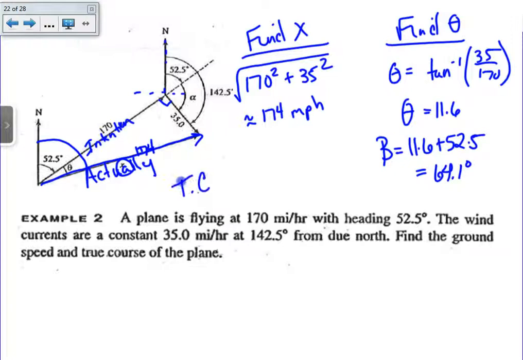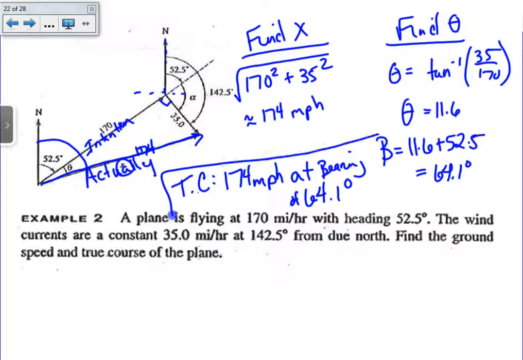So his true course is 174 miles per hour at a bearing, and you can just say a 64.1 degree bearing. If you decided to say north 64.1 degrees east, that would work too, means the same thing.